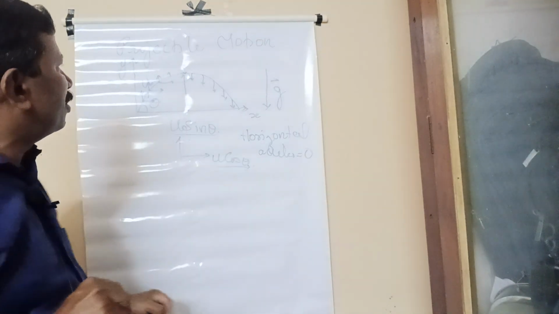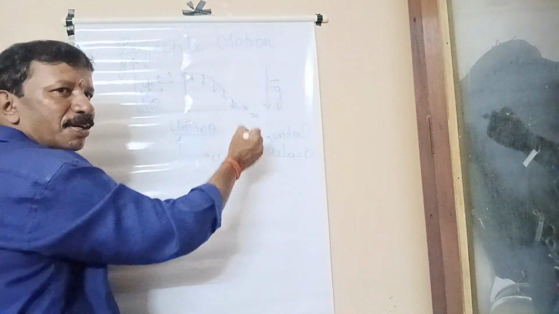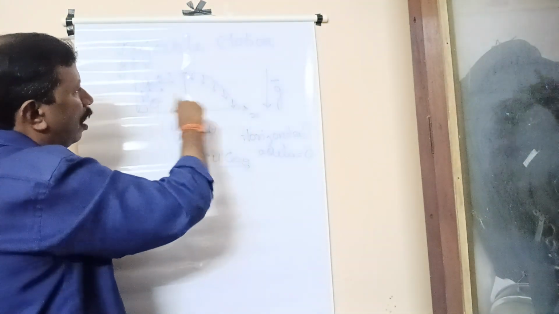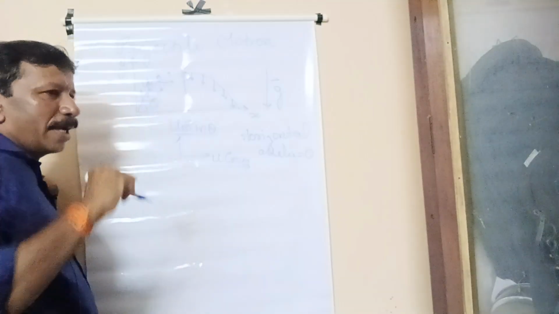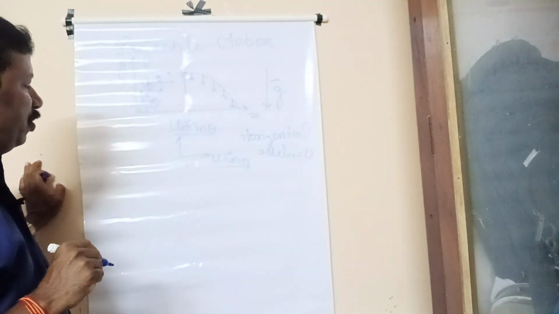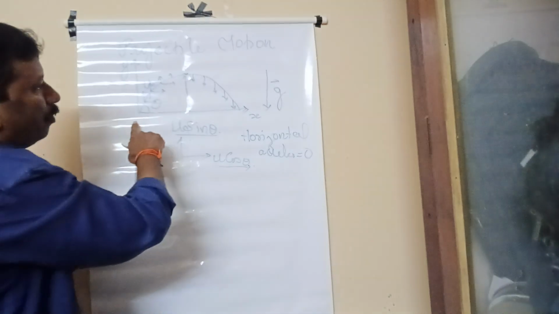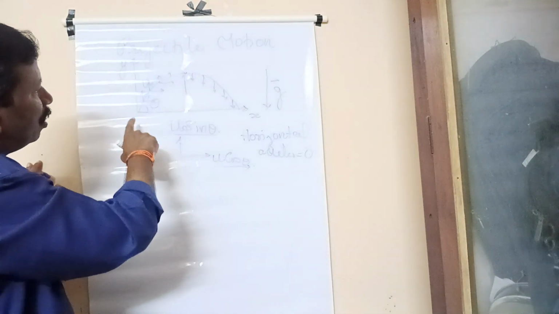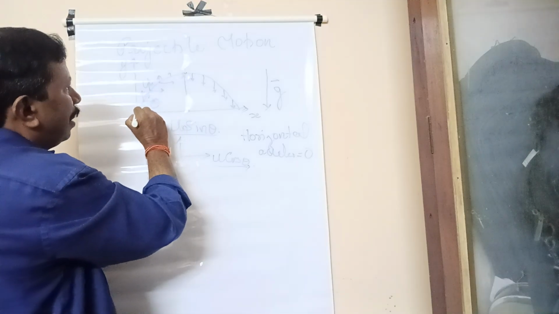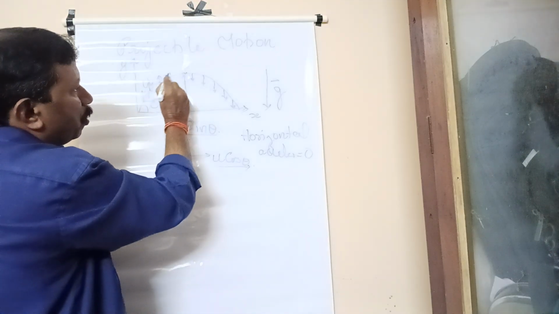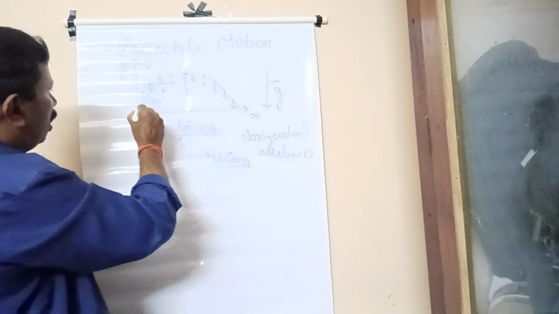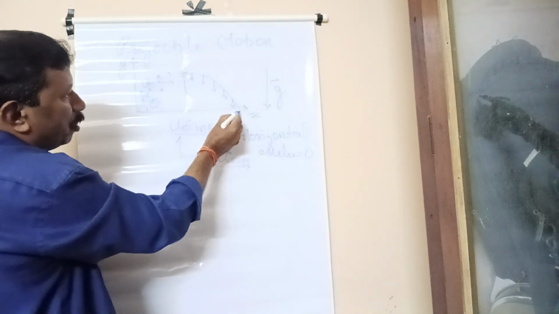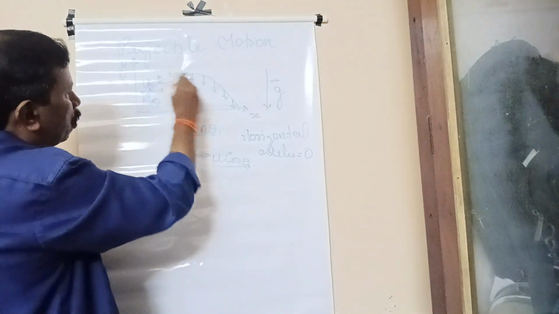Only the vertical acceleration, the acceleration due to gravity, acts because it is a free fall, and it is minus g. Now we have to derive certain things. First, we find the time taken to reach the maximum height and then fall to the ground, the total time.